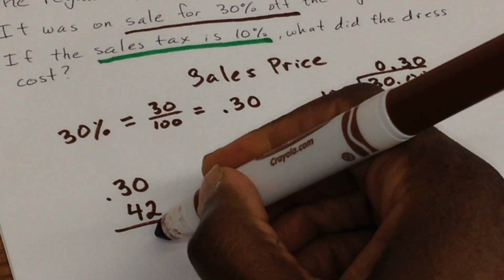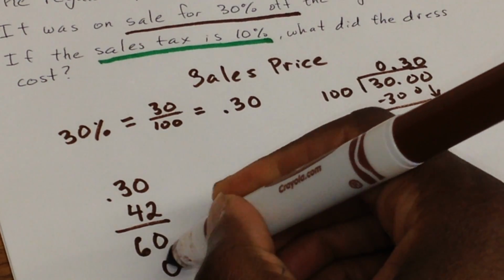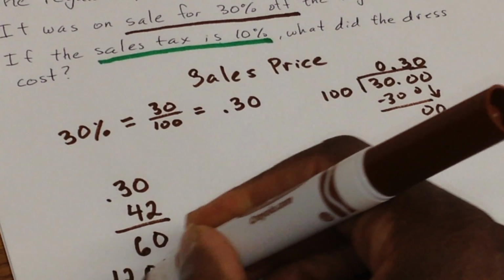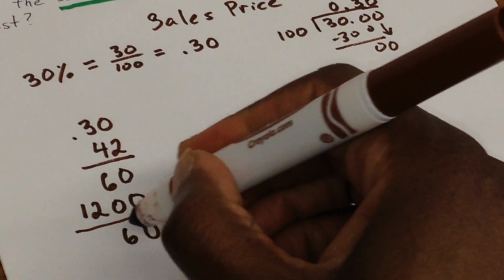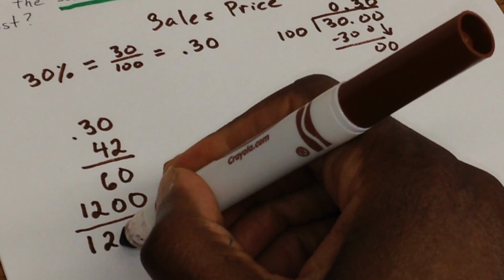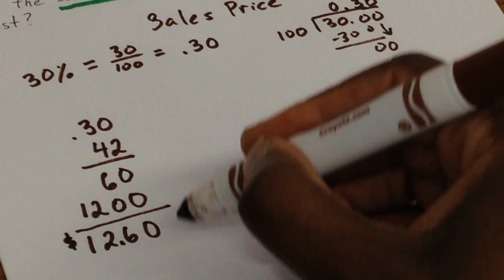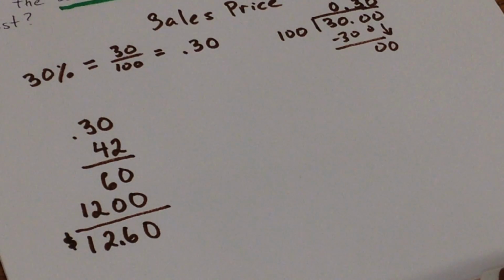When I do the math though, I'm going to get 0, 6, put a 0 to hold the place. That'll be 0, 12. And what I come to is $12.60. Remember, we moved the decimal 2 spaces, since it's moved 2 spaces from the top here, all right?